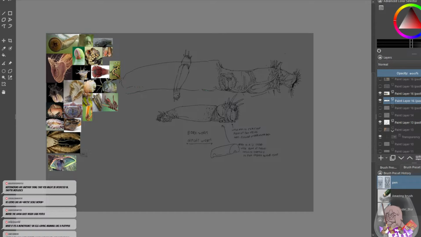Actually, yeah, I think saying that it is a turtle can give us some leeway. This shell is kind of turtle-esque, like a soft shell turtle, and then a really lengthened bottom half.